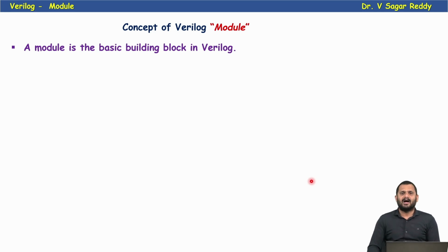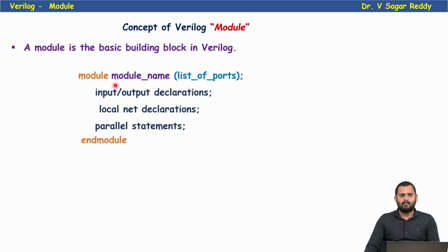Now let's see the simple syntax of a module. Here is the module name, and here is the list of ports. These are the ports of the given digital hardware, and we declare those ports as input and output. Local net declarations use intermediate signals or variables to connect different entities in your module.